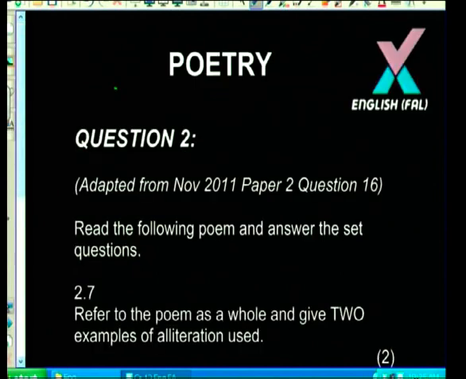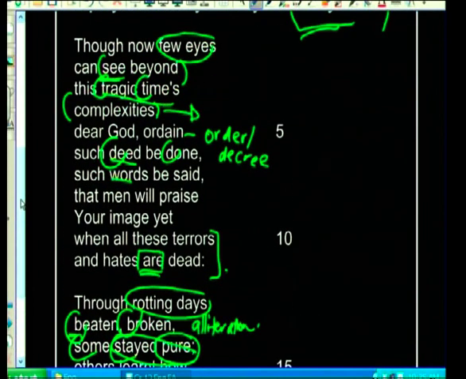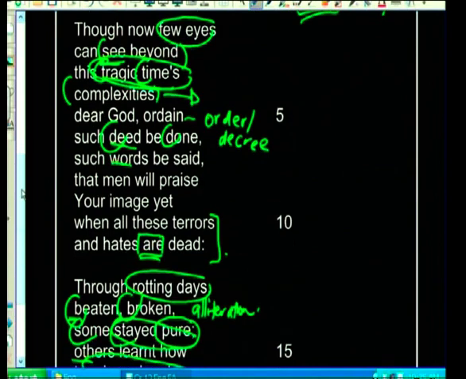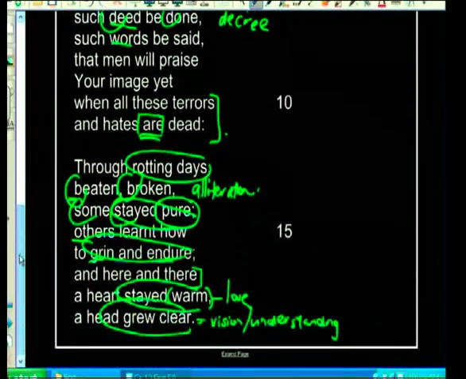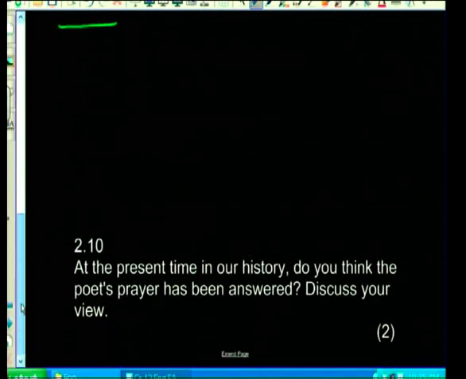We know that there's no way that the writer writing this poem thinks anything positively of the apartheid era. So you can look at "rotting days." That's something you could quote. You can look at "tragic times." Those might be very good phrases or descriptions that you could quote to show that this poet in fact finds the apartheid era disgusting.